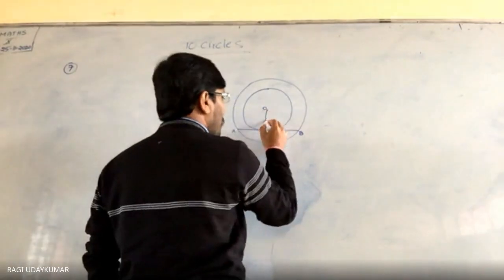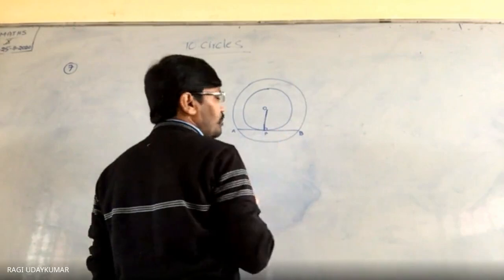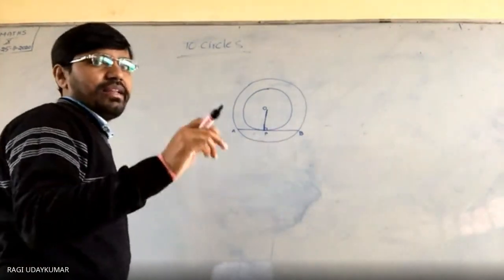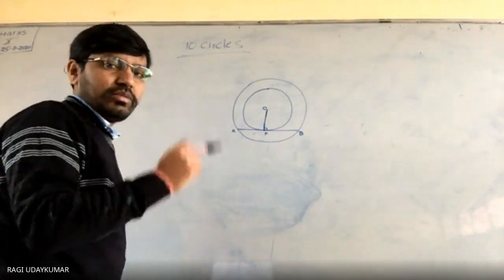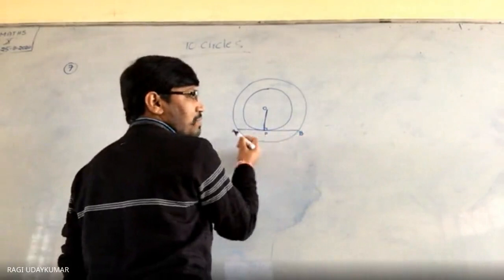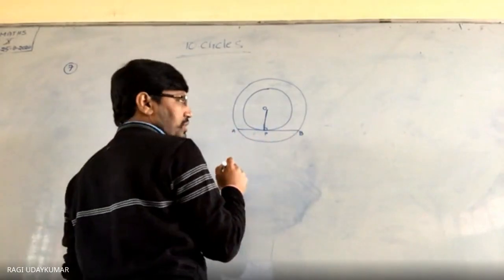So let us draw the perpendicular from O to P. Let us draw the join here, and you know that since AB is touching the smaller circle, it is a tangent. AB is a tangent, and P is the point of contact.